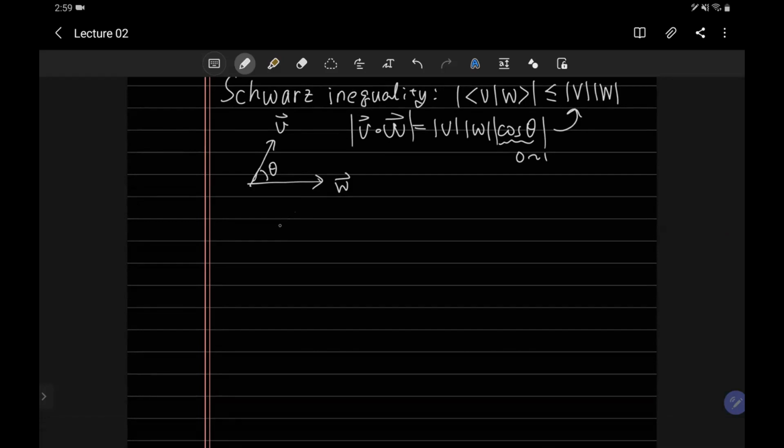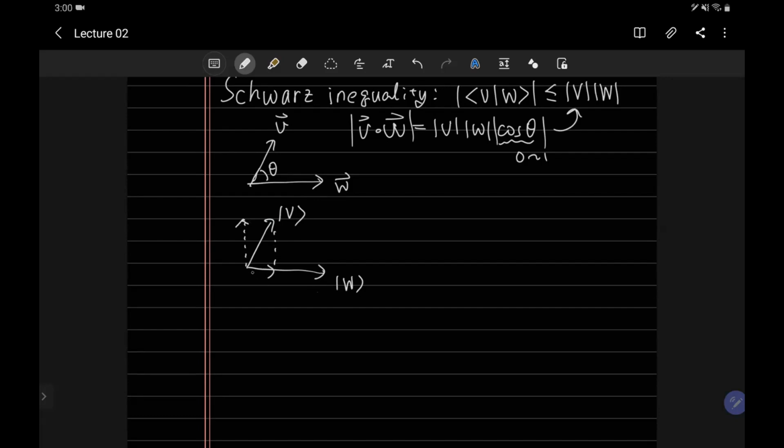First, let me call this one an abstract vector W, and let me call this one the ket vector V. Then we can think about the component of V in terms of one component which is parallel to the W vector, and another component which is orthogonal to the W vector.